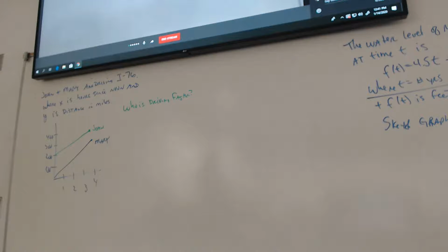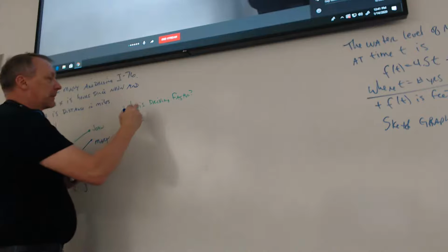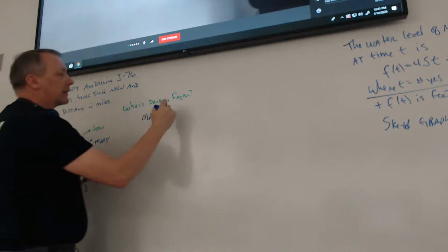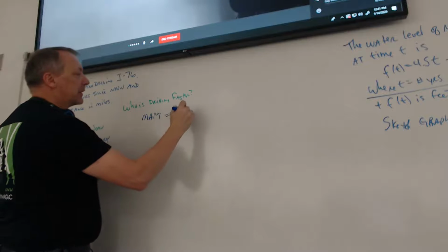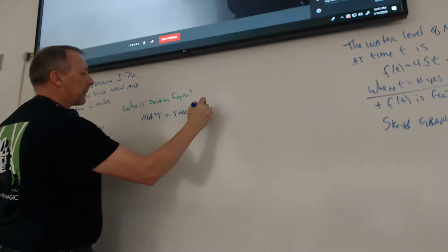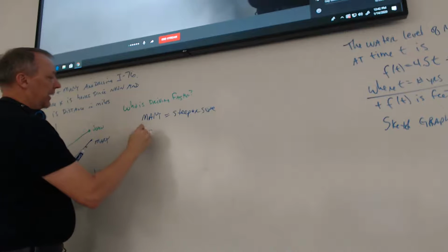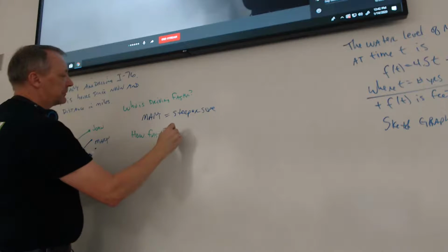So who's driving faster? Mary. Why is Mary driving faster? Yeah, she's got a steeper slope, right? Steeper slope. So now the question is, how fast is Mary?